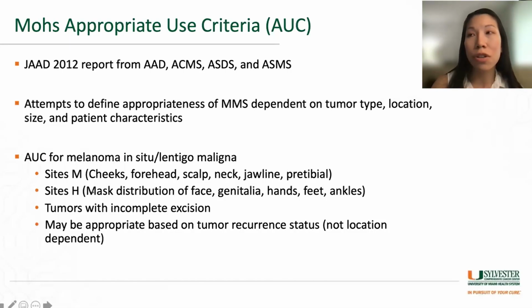Even higher risk areas are the mask distribution of the face, meaning the central face, the genitals, the hands, feet, and ankles. For tumors where incomplete excision has been performed, it is usually indicated, and for recurrent tumors, that's probably also appropriate, and not dependent on where the location is.